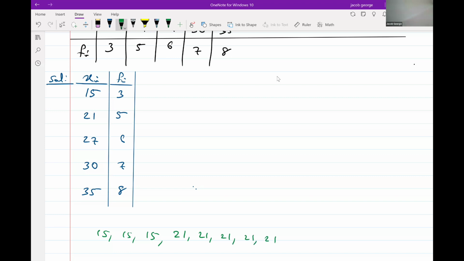Actually this is ungrouped data, but instead of writing the repeated values, it's summarized like this. 27, how many times does it repeat? Like this, 27, 27, 27, 27. It doesn't look good to write like this.